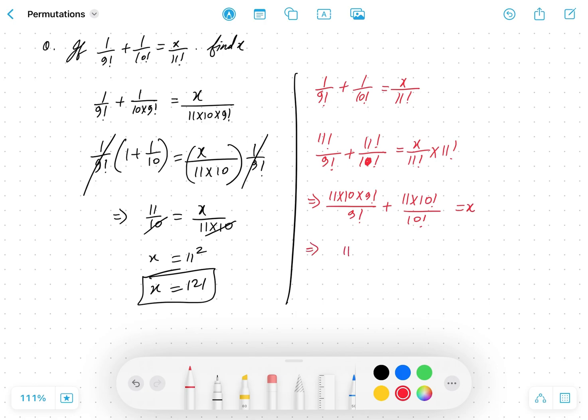So what do we get? 11 into 10 plus 11 is equal to x. Therefore x is equal to 121. We can do it in this way also. So for now, this is it.